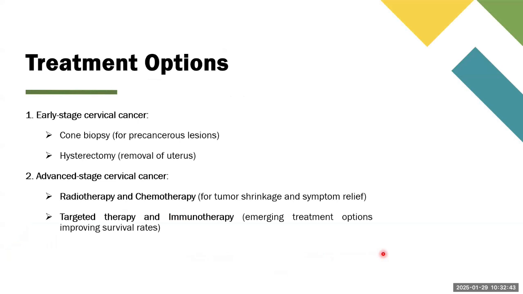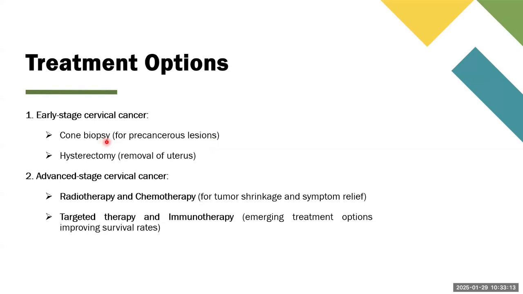Treatment options: there are basically two types of treatments. The first one is for early stage, the next one is for advanced stage cervical cancer. In early stage we usually do a cone biopsy for the precancerous lesion. If a lesion or the wound or the cervical cancer or precancerous lesion is too small, even the size of a kidney bean, we usually do a cone biopsy.